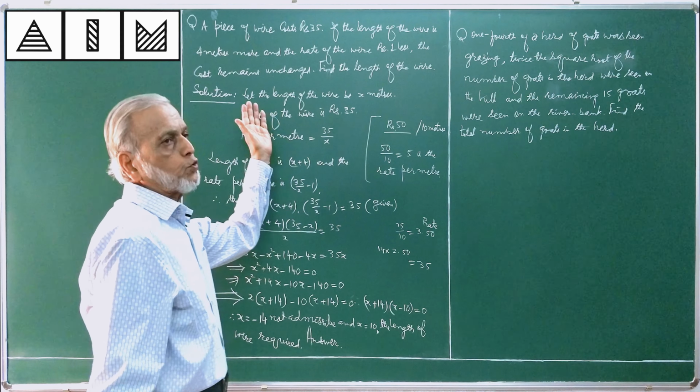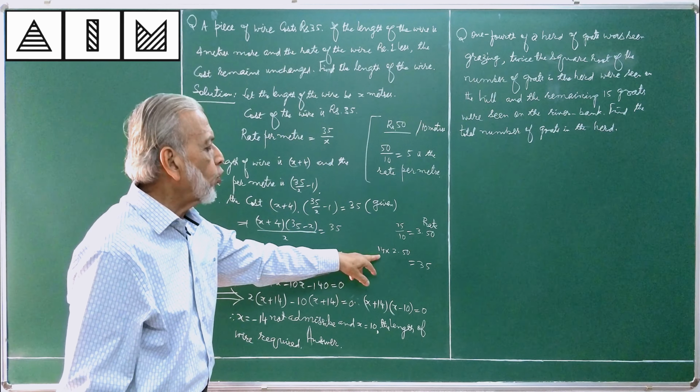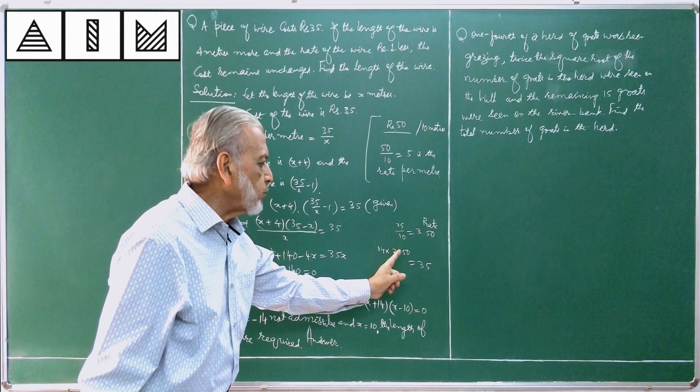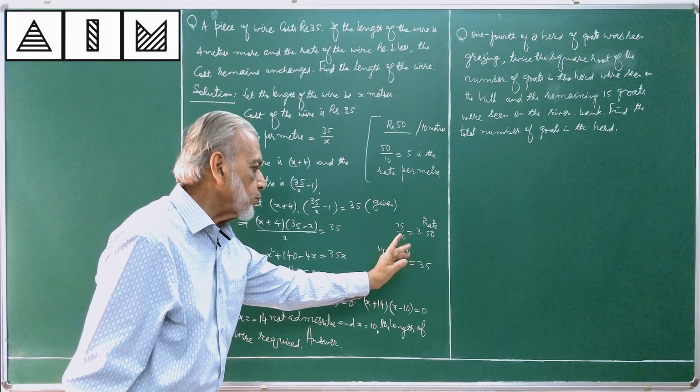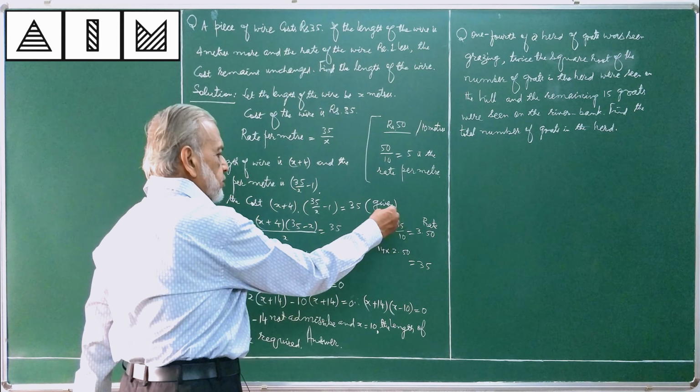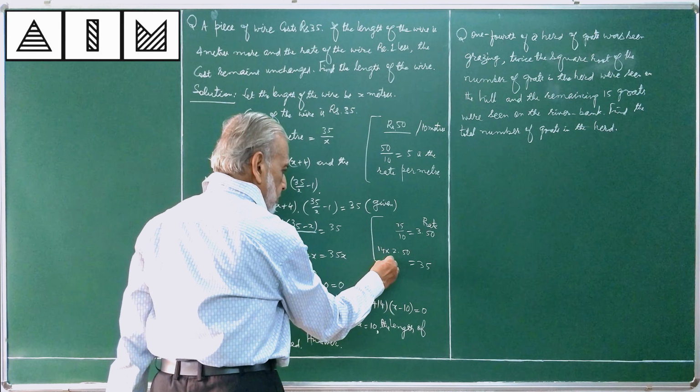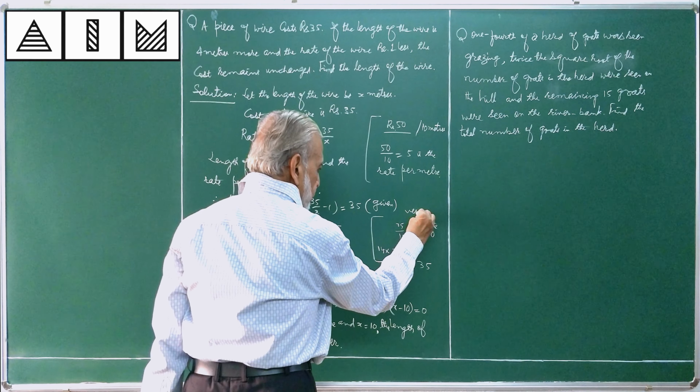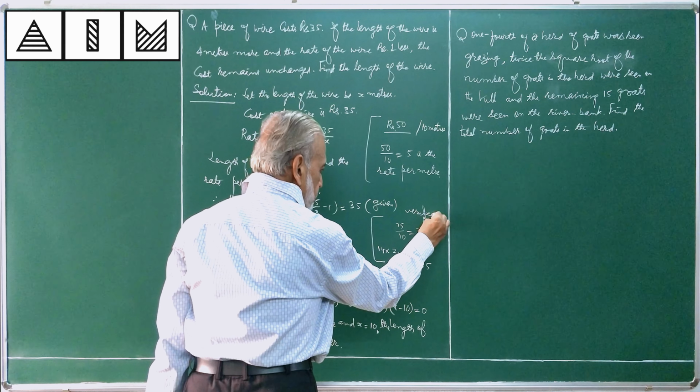That is the meaning of the question. Had the length been 4 meters more, had the rate been 1 rupee less, the cost of wire would have remained the same 35. This is only a verification, not a part of solution. To understand the question better, I have done the verification, though not necessary.